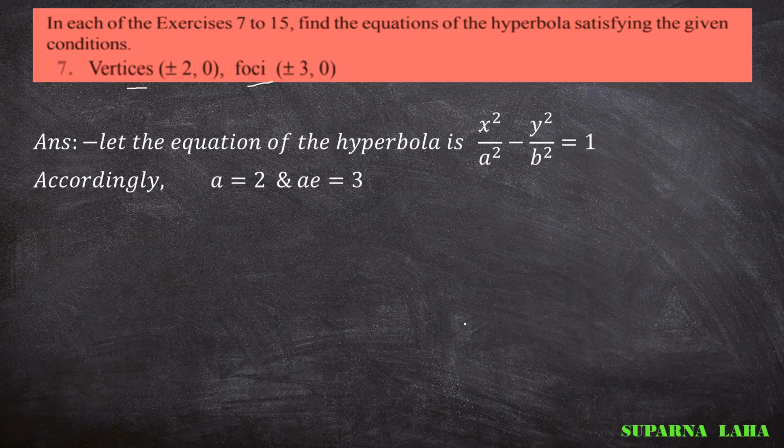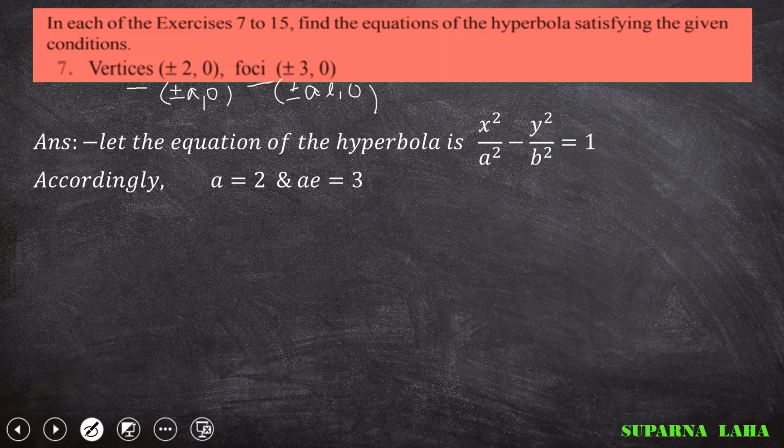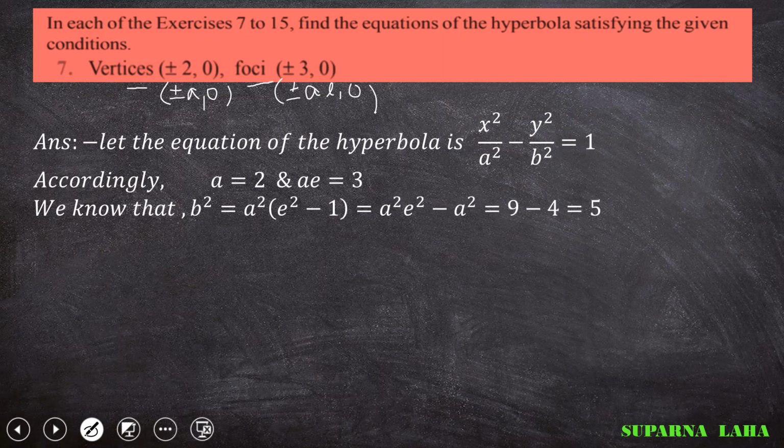Since the vertices are plus minus a comma 0 and the foci are plus minus ae comma 0, you have these two values: a is equal to 2 and a into e is equal to 3. Now there is a formula for b: b square is equal to a square into e square minus 1. So write down the values of a square e square and a square. a square e square is 9 and a square is 4.